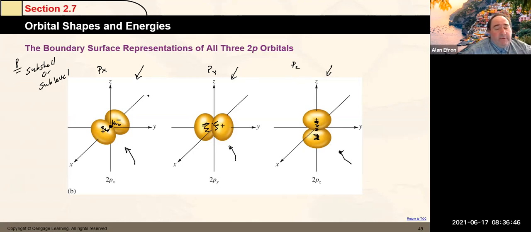With s, we really don't talk about a subshell or sublevel because it's really just one orbital present. But here we have 3 different individual orbitals. All 3 of those together represent the p subshell, which can hold our 6 total electrons in that particular case.